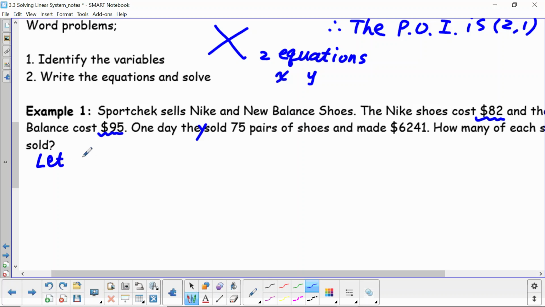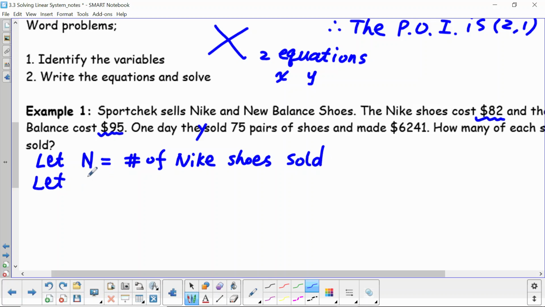You could write let N equal the number of Nike shoes sold, and let B, for New Balance, equal the number of New Balance shoes sold.